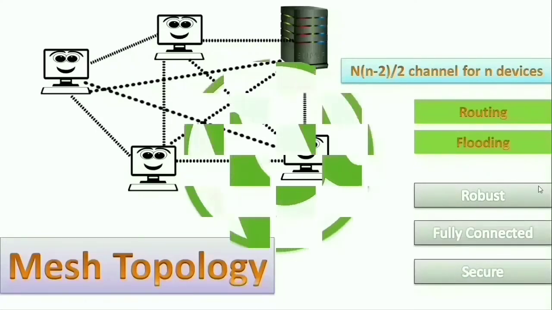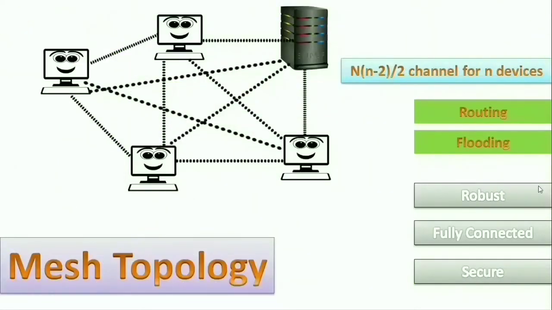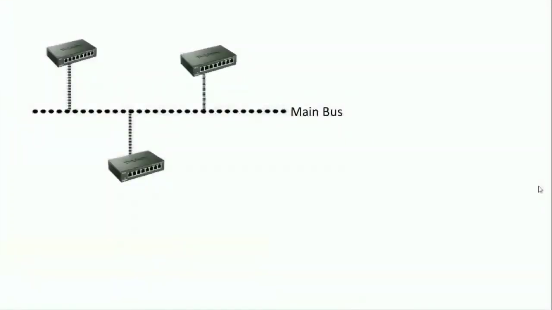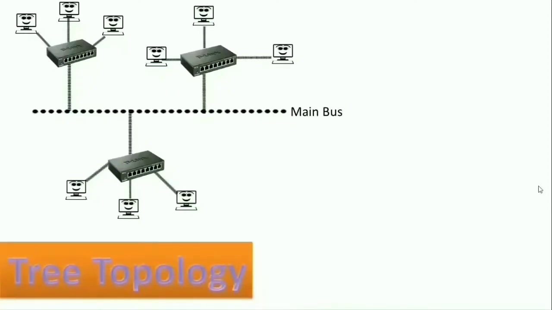Now moving on to the next topology. It's a main bus, and as you can see there are hubs, and to those hubs there are computers connected in a star formation. Such a type of topology is known as tree topology, as this is a combination of 2 topologies, bus and star topology.